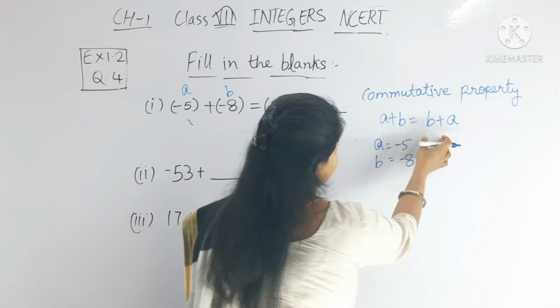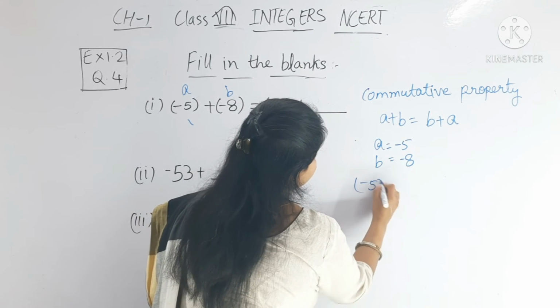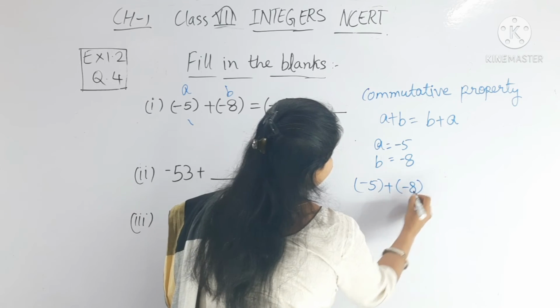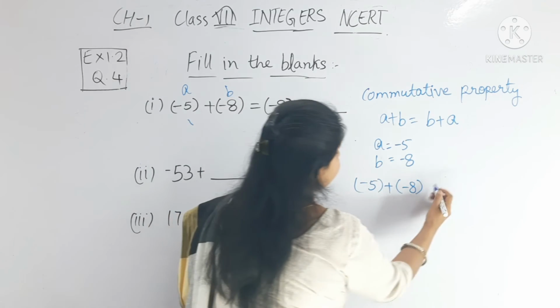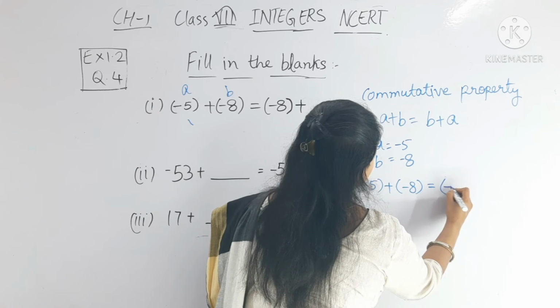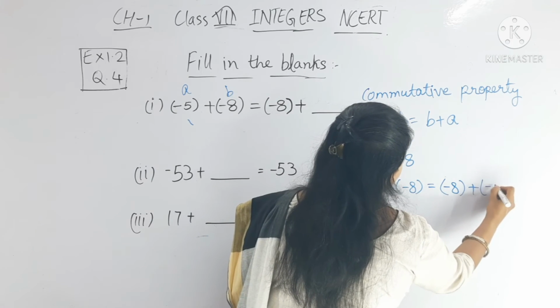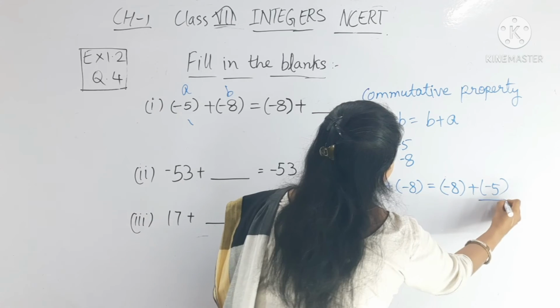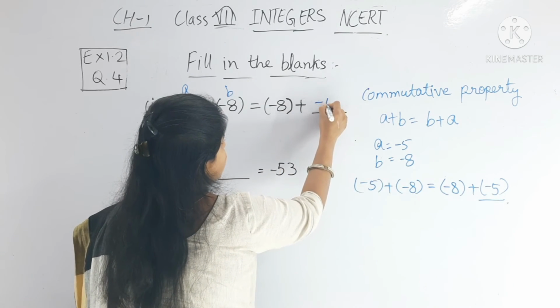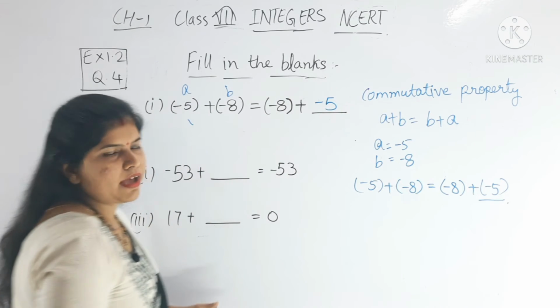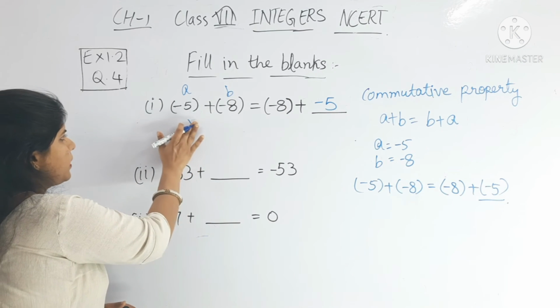So we can conclude here minus 5 plus minus 8 equal to minus 8 plus minus 5. So here is the blank, so the answer is minus 5. That is the first part.